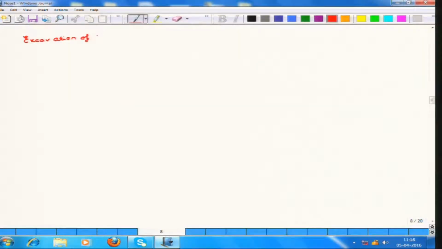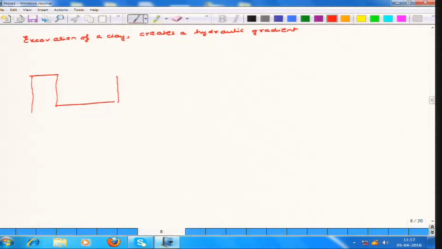When you make an excavation in clay, this creates a hydraulic gradient from the top of the sand layer to the bottom of the excavation, because if you see the diagram, let us say this is the excavation that is made, and this is the sand layer.